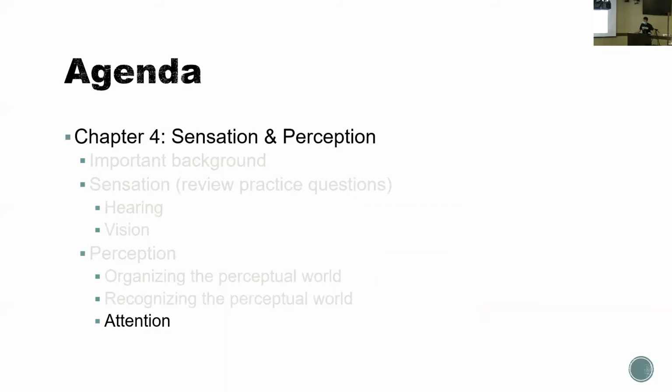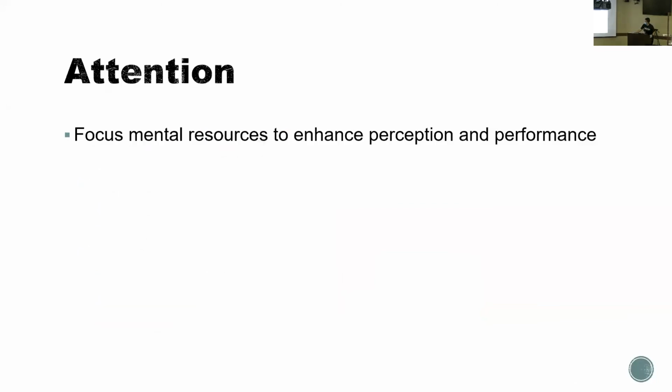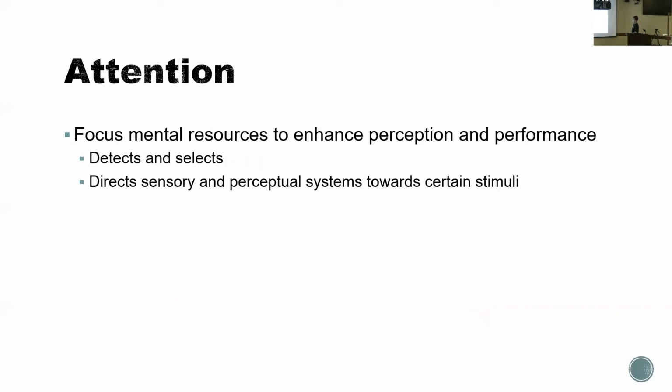Okay, next we are going to talk about attention. Attention is when we focus mental resources to enhance perception and performance. It helps us to detect and select from the environment, directing sensory and perceptual systems towards certain stimuli.